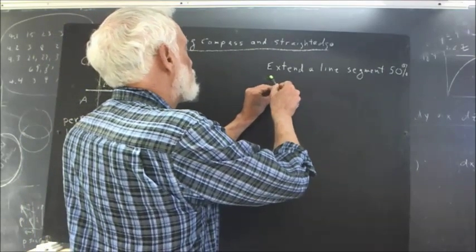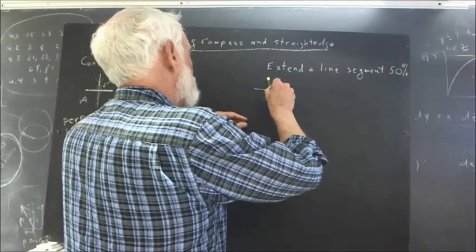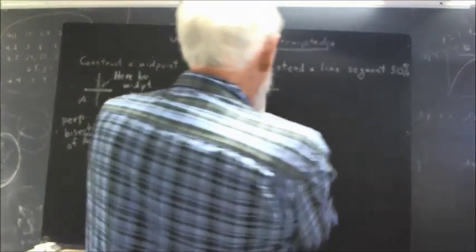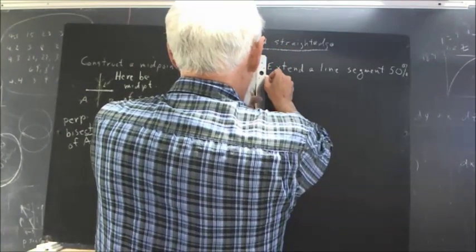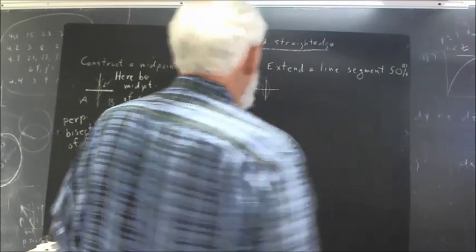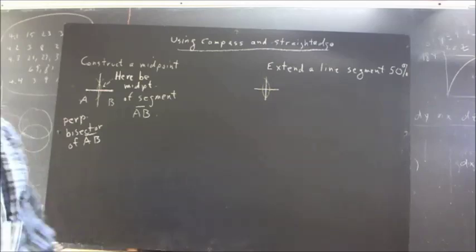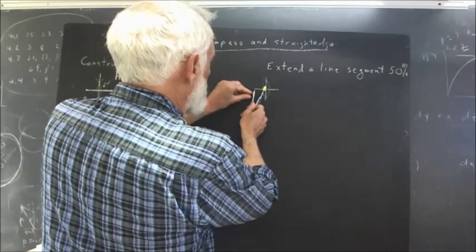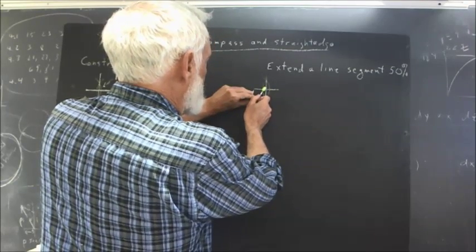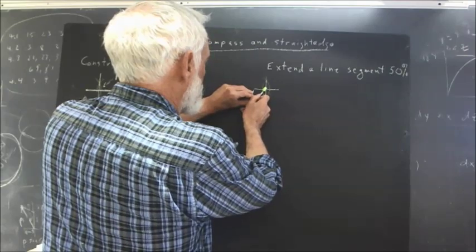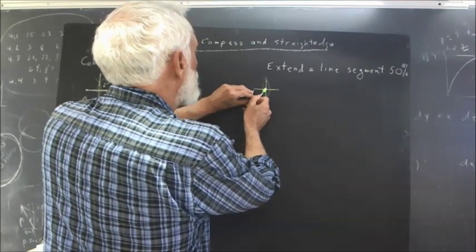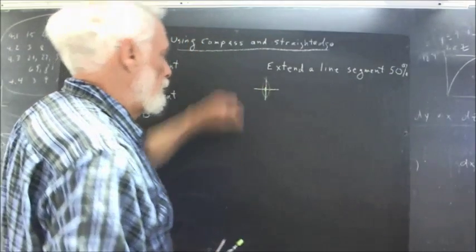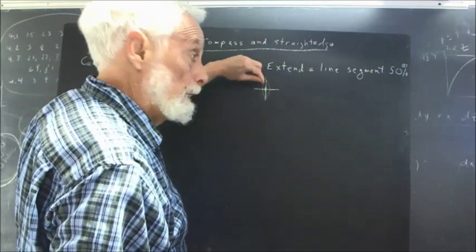I hope that piece of chalk stays on there. And then we use the compass, and we shorten it a little bit, so that the chalk will mark a distance from this end to the midpoint.